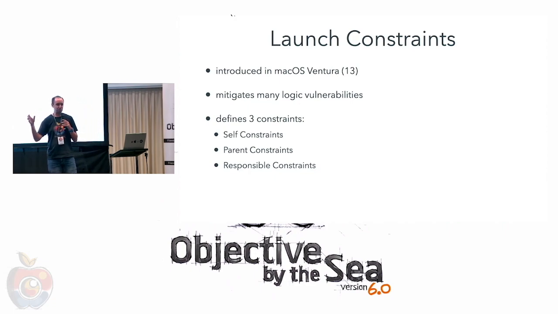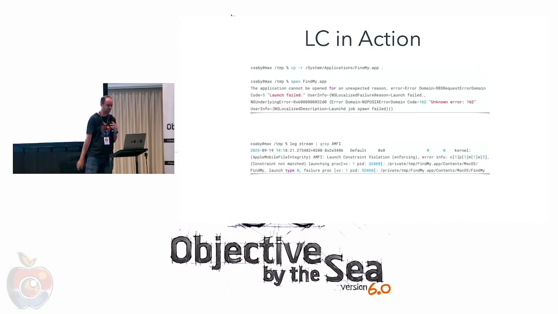But the responsible process for an XPC would be the one looking up the service and the one which is causing launchd to actually start the service. So this is the idea behind it. So we have these 3 players and 3 different constraints.